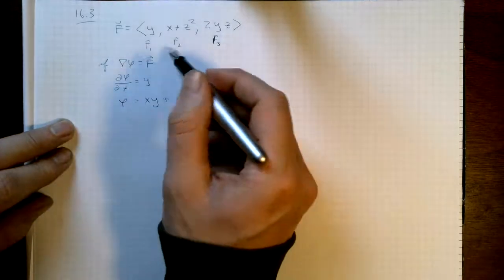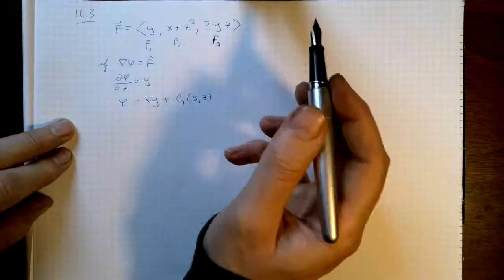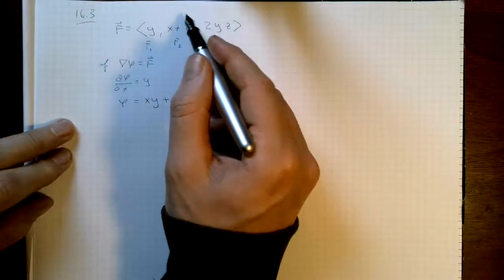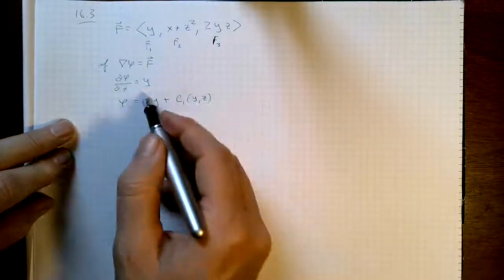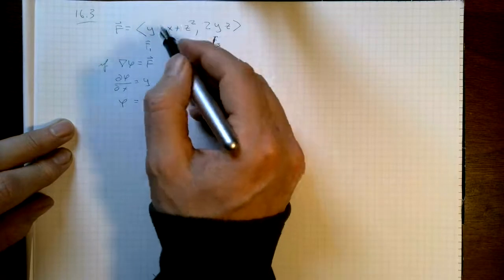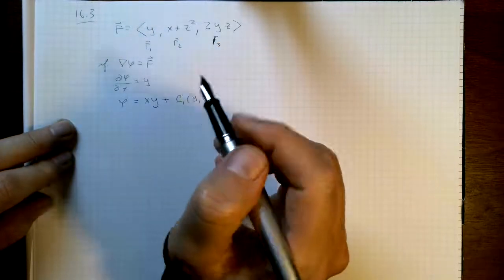What I want to do now is go in order. You can go in any order that you want, but let's go here. If it's of this form, then we get this. But we also want to make sure that we get this guy, right?